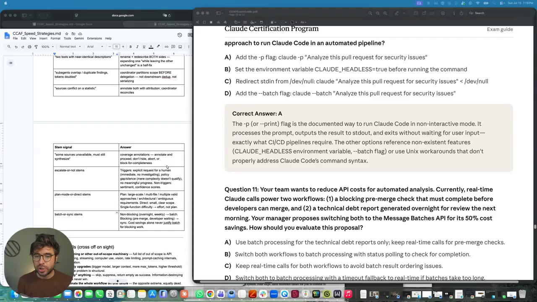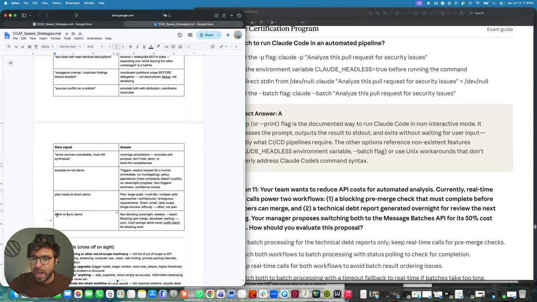But let's go ahead and check our reflex table, because if we studied this, the answer should come to us even faster. Over in our reflex table, we have a specific section right here. It's called batch or sync stems. Anytime you see any stem that talks about batching, we can read this and it gives us great guidance on how to solve it.